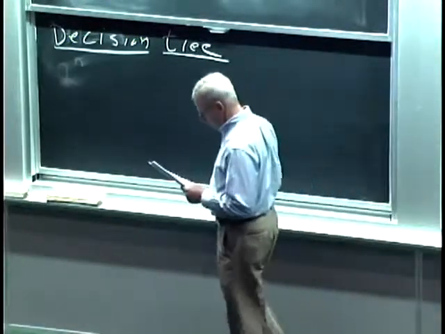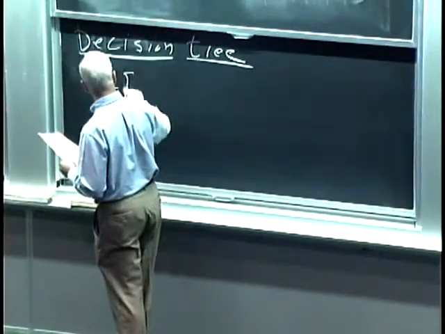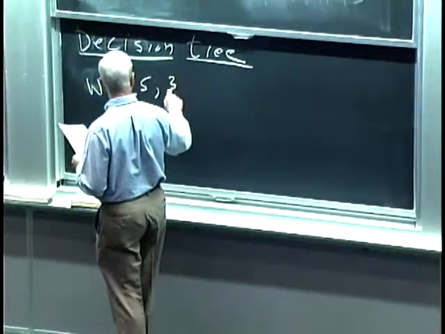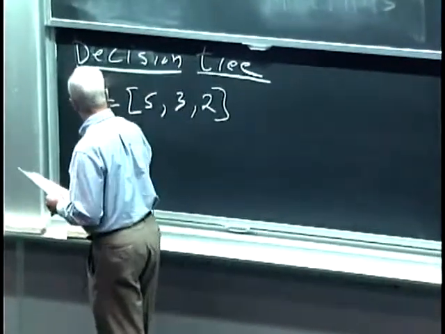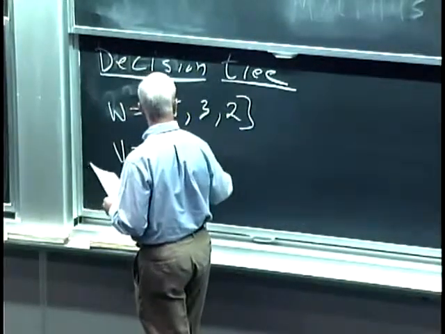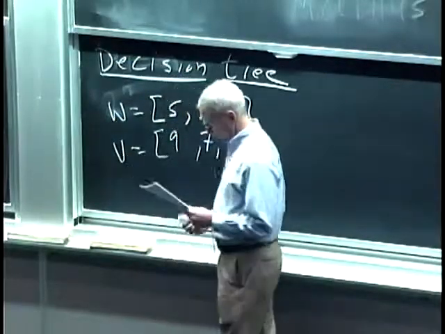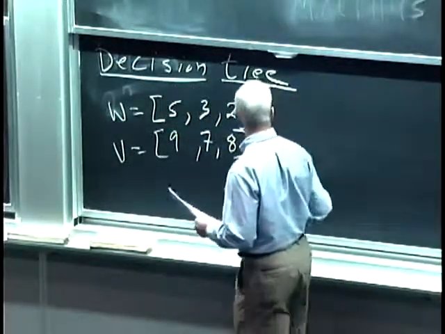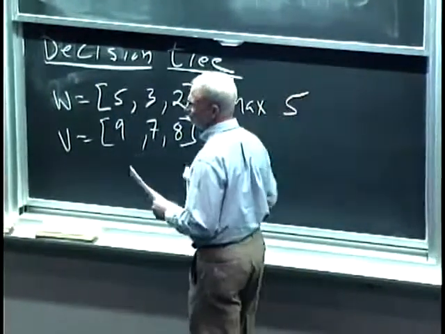Let's look at an example. Let's assume that the weights, and I'll try a really small example to start with, are 5, 3, and 2. And the corresponding values are 9, 7, and 8. And the maximum weight, we'll say, is 5.